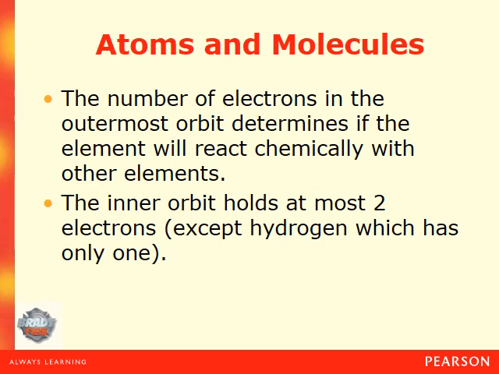The number of electrons in the outermost orbit determines if the element will react chemically with other elements. The inner orbit holds at most 2 electrons, except hydrogen, which has only 1. A good way to illustrate this is using the Lewis dot model. If you have, say, hydrogen here, it has 1 electron.